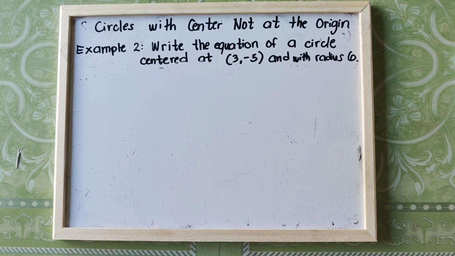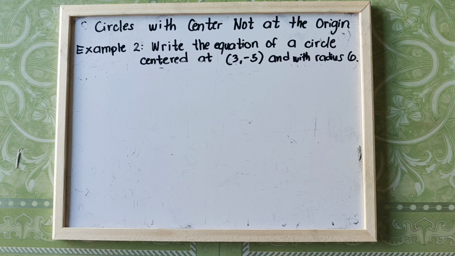What about an example of circles with center not at the origin? Example number 2. Write the equation of a circle centered at (3, -5) and with radius 6. So in this example, which equation are we going to use?